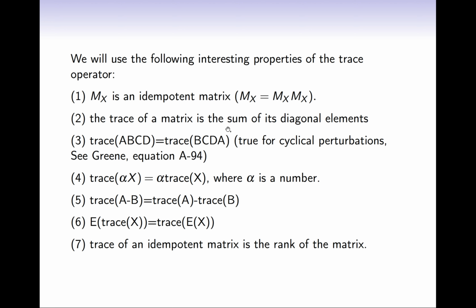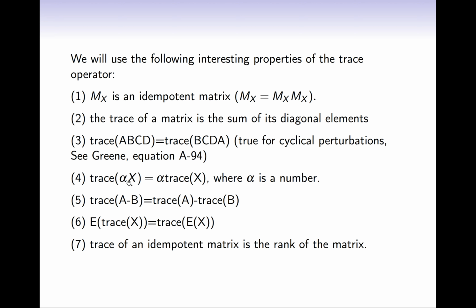Then we're going to use the definition of the trace. There's also a result that the trace of ABCD equals the trace of BCDA. So you can do any cyclical permutation. And a cyclical permutation was like I put the first element last. You know, that's like cycling through.